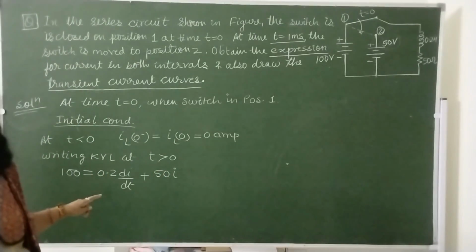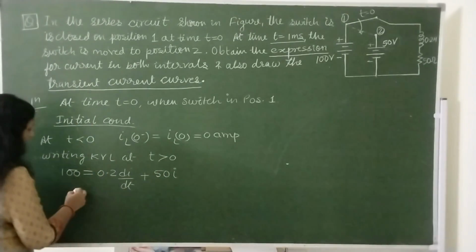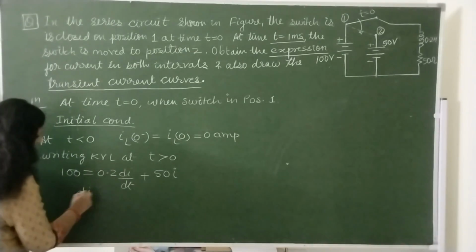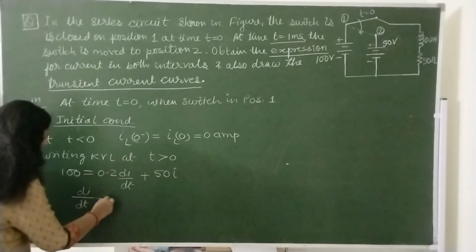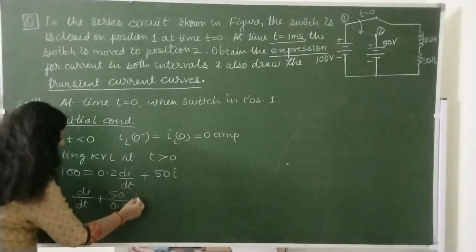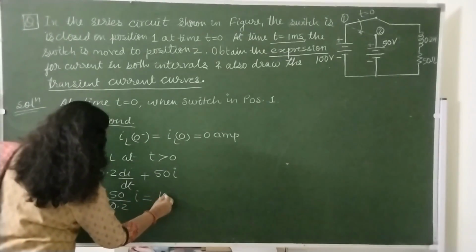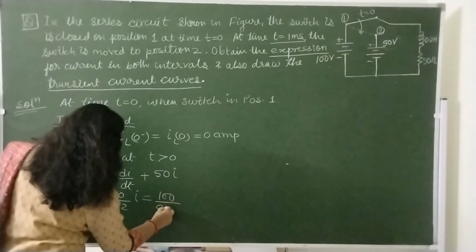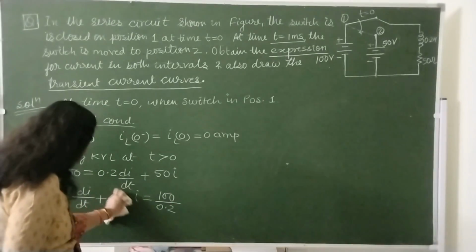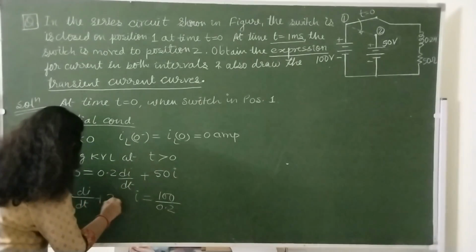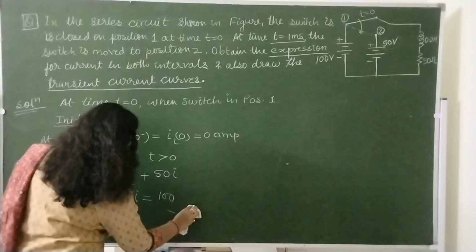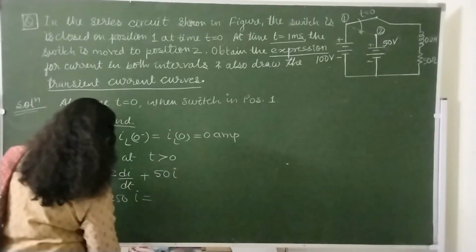So this is our equation. Now we can write this equation in this form: di/dt plus 50 divided by 0.2 i equals 100 divided by 0.2. We can simplify this, and this will be equal to 250, and this will become 500.